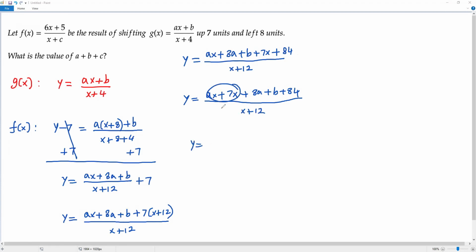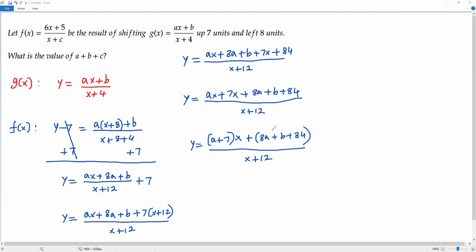We can factor x out from these two terms, and then we get (a + 7)x. Since we have the two functions f and g in terms of x, we have to consider x as a variable and consider a, b and c as constants. So here this is a term containing x, and we have to consider this complete stuff, (8a + b + 84)/(x + 12), as a constant.